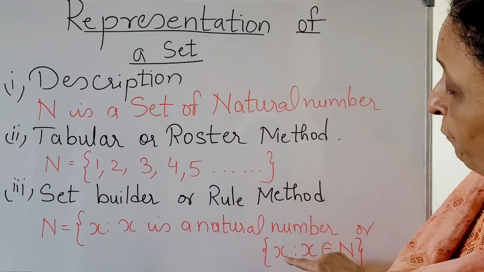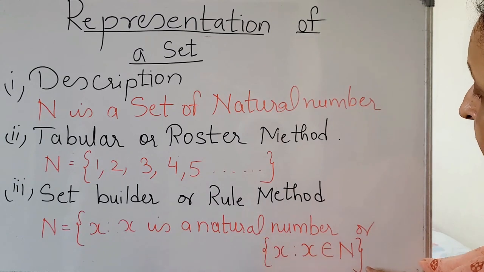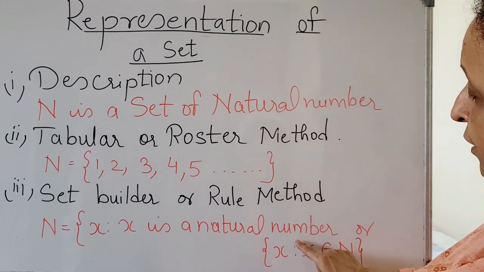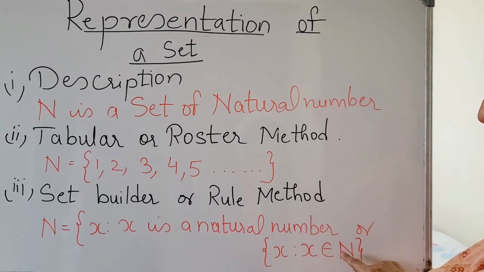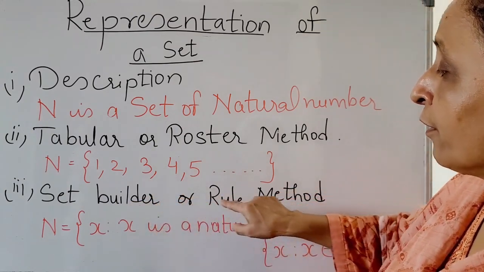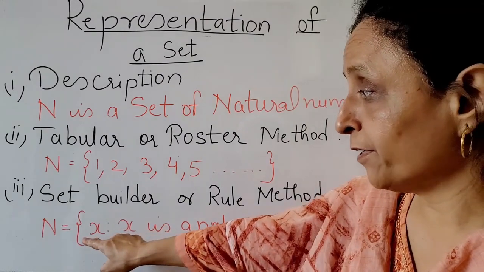So another way is x. You put it in curly brackets. x is such that x belongs to N. N is the natural numbers. So you can call it set builder or rule method. A rule is set, so you can write this way also.